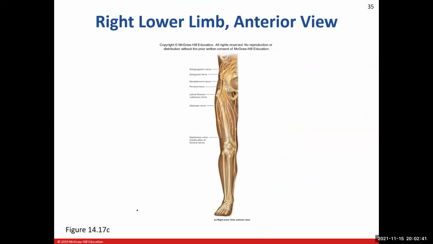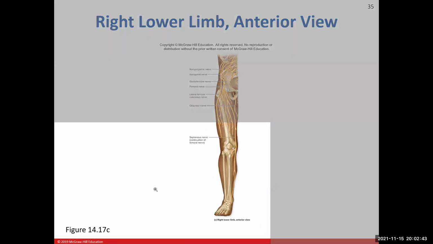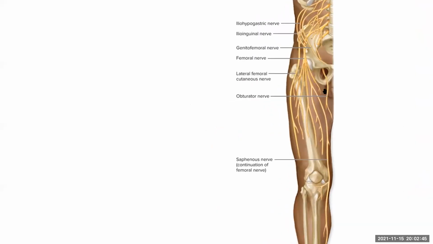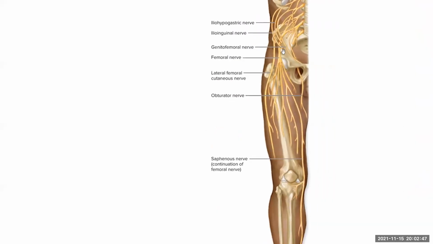Right, so as we move in, let me zoom in here on our lower extremity. Okay, femoral nerve, remember the femoral vein, artery, and nerve, right? It's going to be more on the medial portion of your thigh, so you can see it coming in, and then it branches out to innervate these anterior thigh muscles.